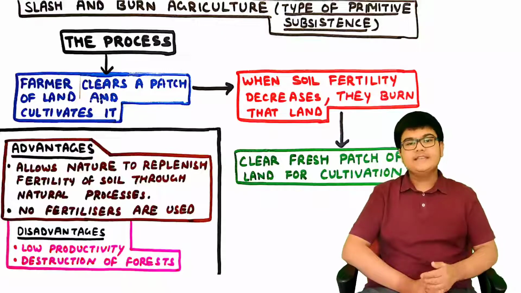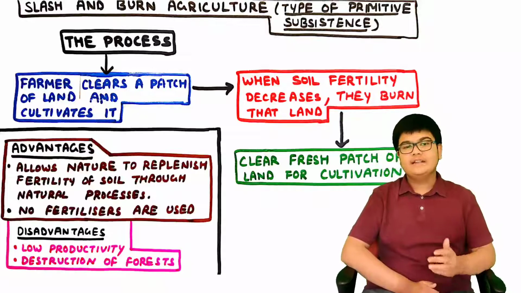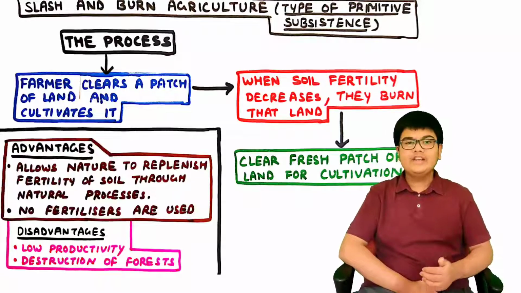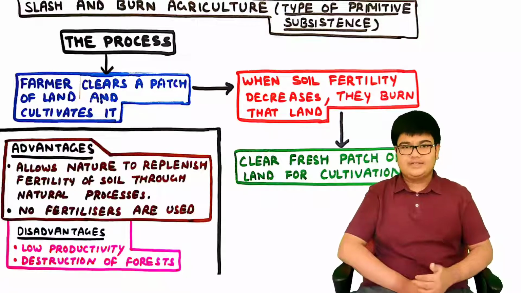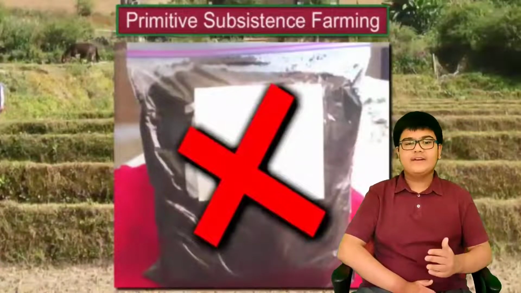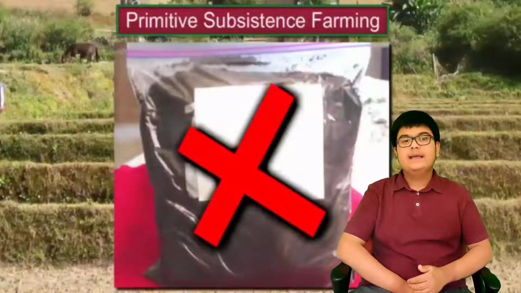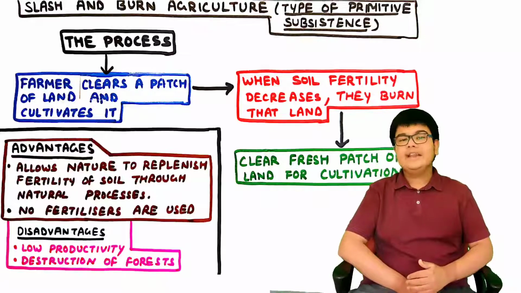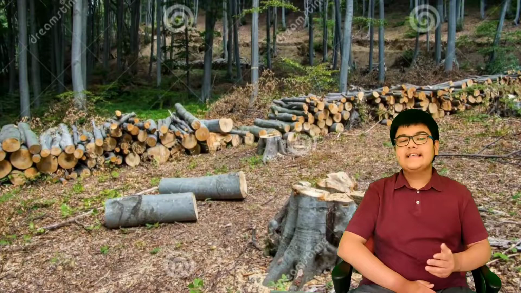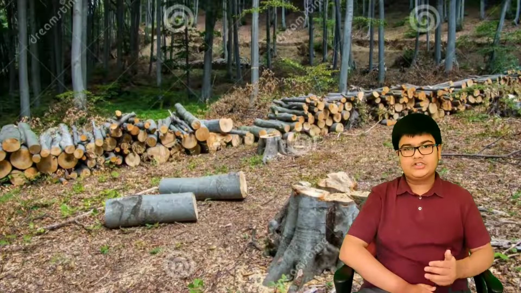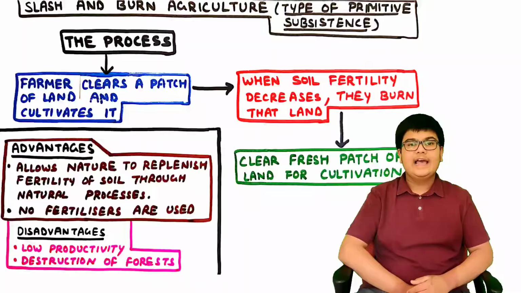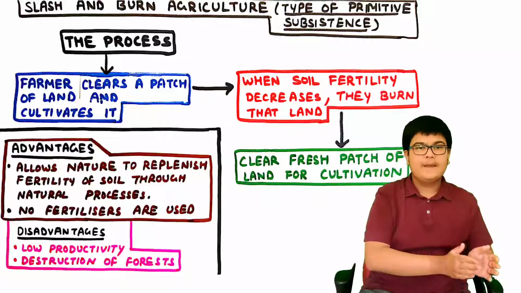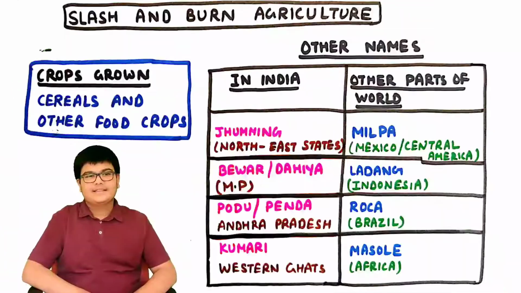Now the advantage of this type of cultivation, shifting cultivation, is that it allows the nature to replenish the fertility of soil through the natural processes and no artificial fertilizers are used. But it also has various disadvantages, such as it gives very low productivity, and second, it also leads to the deforestation or destruction of forests, as a lot of trees have to be cut when the farmer moves from one patch of land to other patch of land.